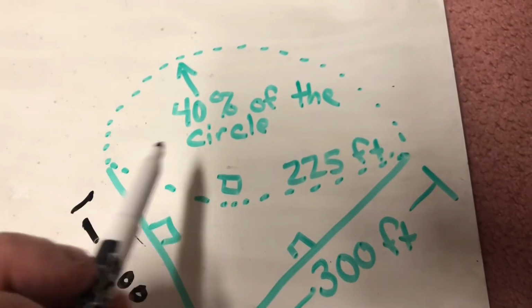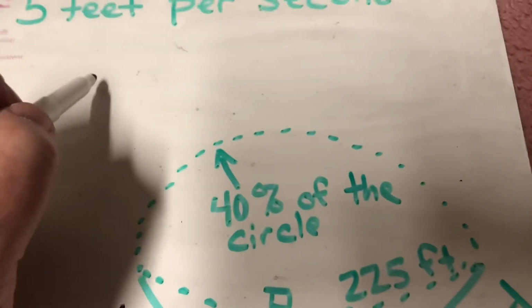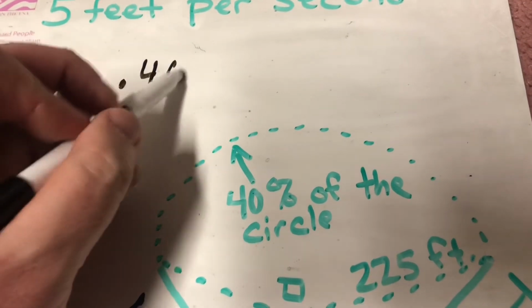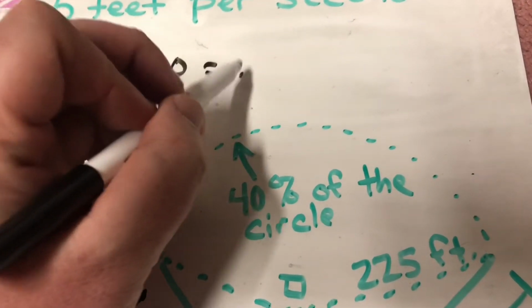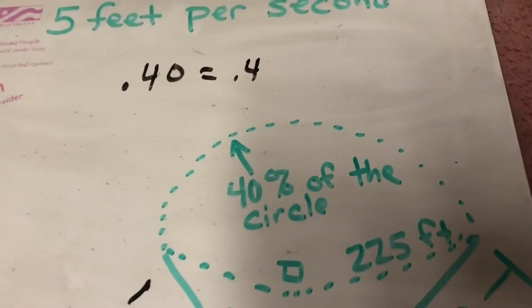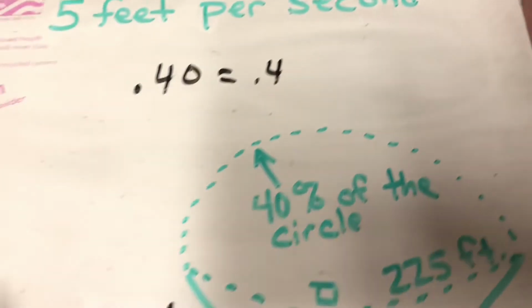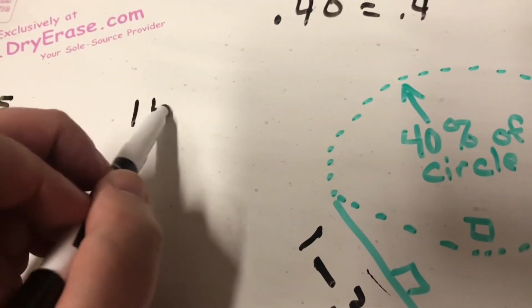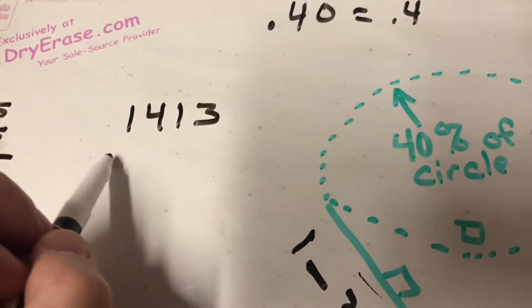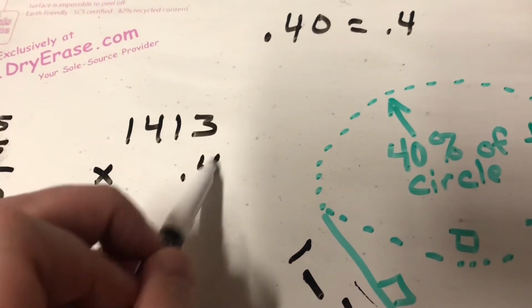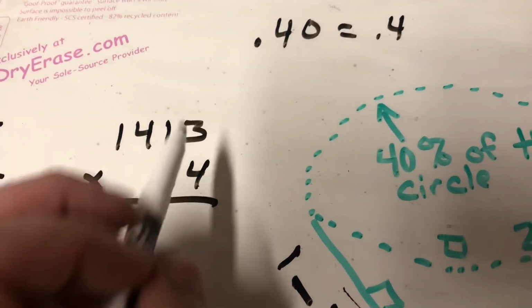But it tells me that it's only 40% of the circle. So 40% as a decimal is 0.40 or just 0.4. So to figure out what 40% is, if the whole circle is 1,413, I have to do 1,413 times 4/10. 4 times 3 is 12.